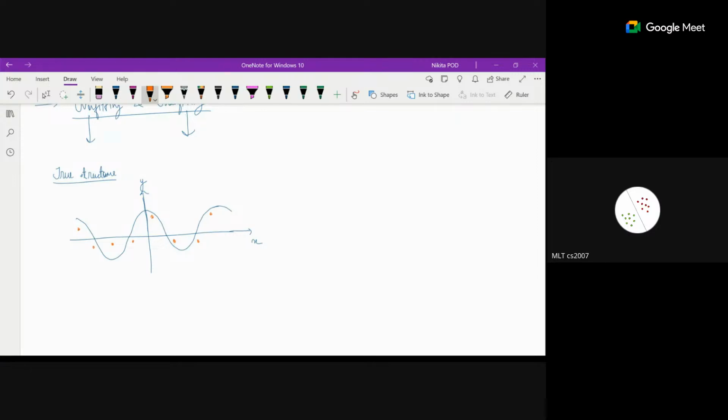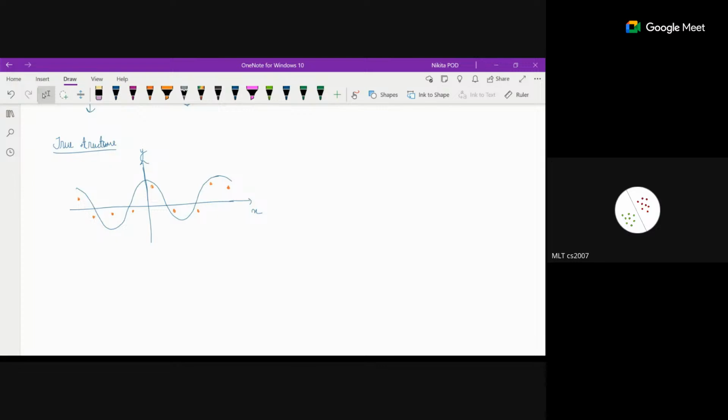So let's say what we observed. Maybe one we can put here. Okay. So suppose this is a data point that you have observed. It is not exactly on your Y, but there is some noise here.